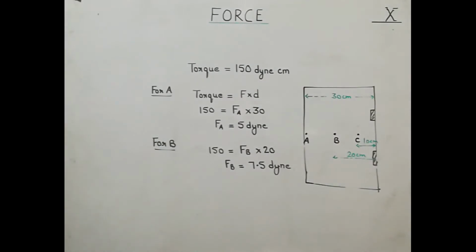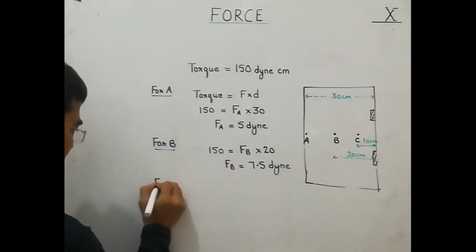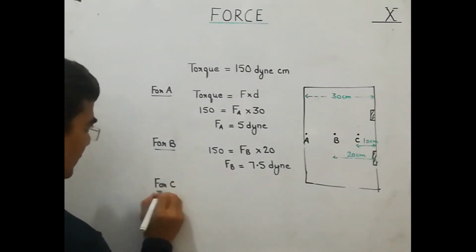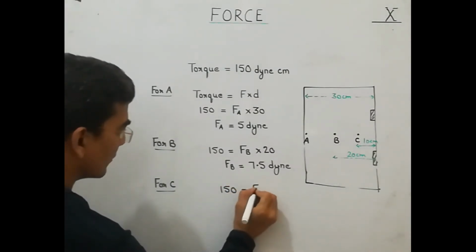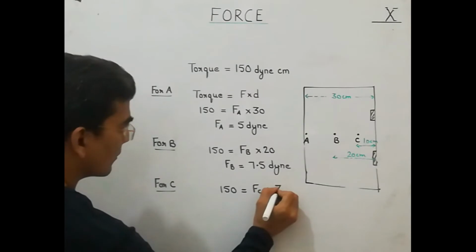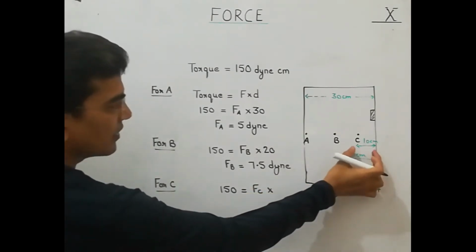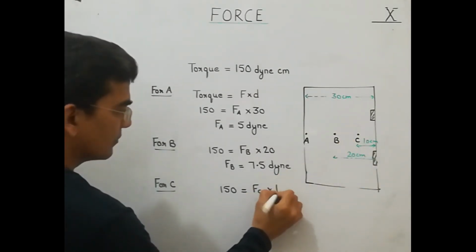So the force that B requires is 7.5 dyne. Now C is at a distance of 10.